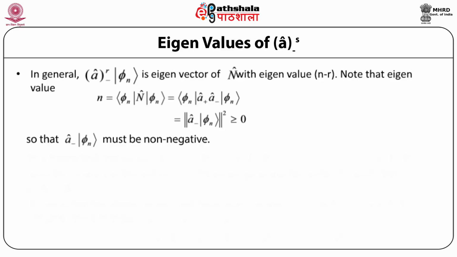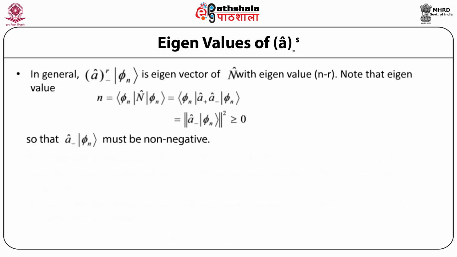Then the lowering operator a minus acting r times on the eigenvector phi n of the number operator gives the eigenvalue n minus r.